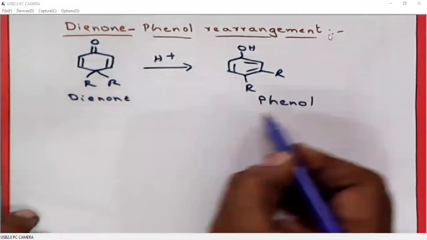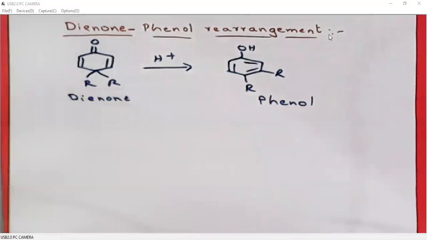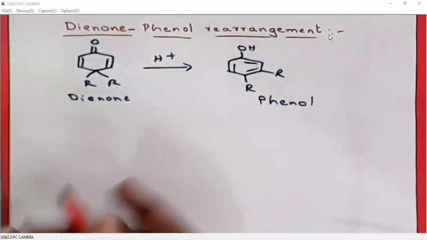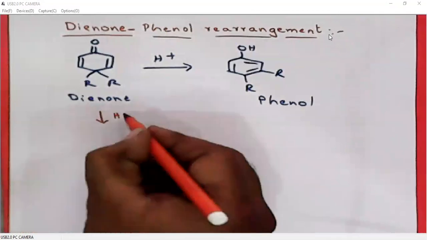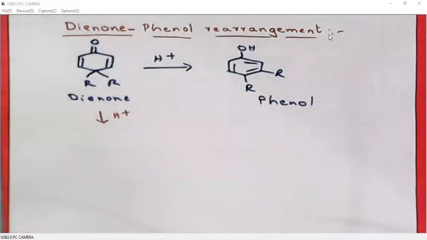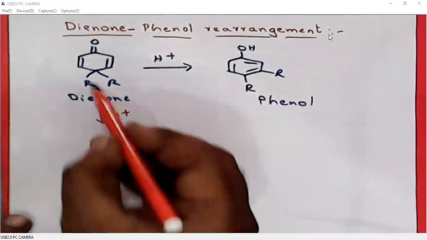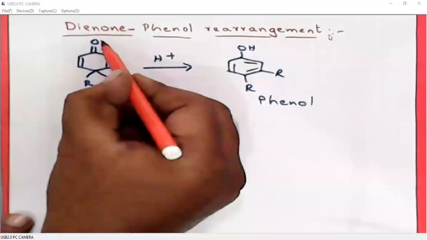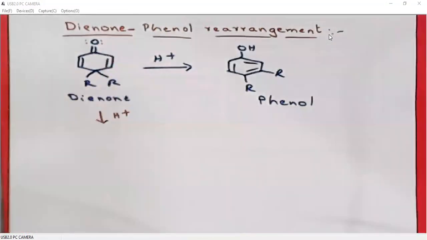Now how will it work? When we use acid, obviously carbonyl oxygen is the more electronegative atom, so it will undergo protonation.